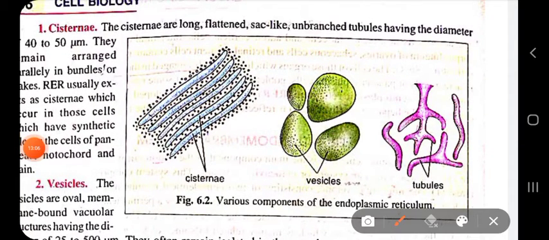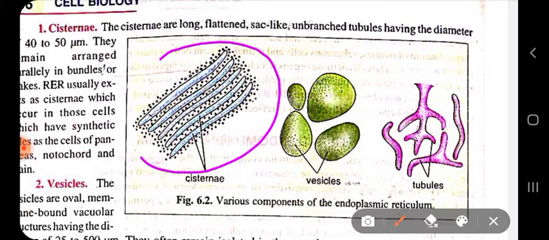This is your different forms of endoplasmic reticulum: the cisternae form, the vesicle form, and the tubule form. If you see the cisternae form, they are long, flattened, sac-like, unbranched tubules which have a diameter of 40 to 50 micrometer.